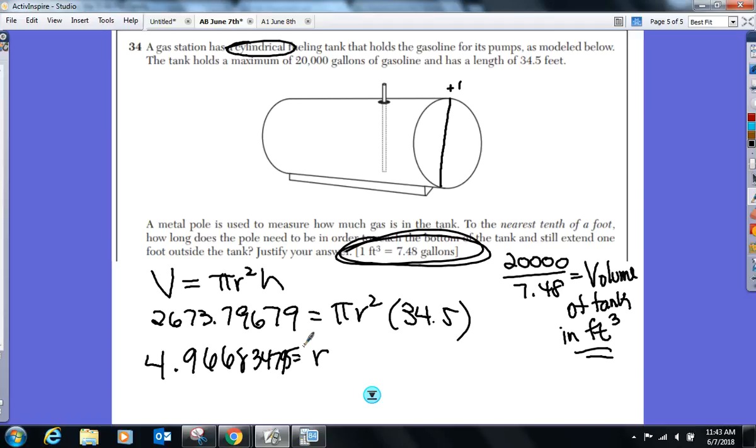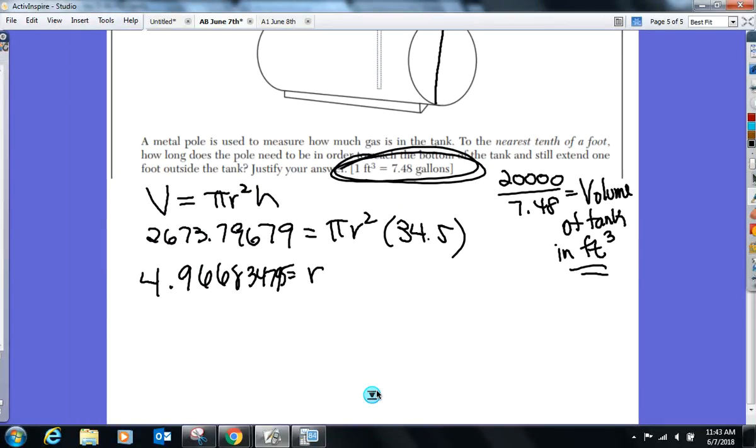Double it, add 1 to it, that's the pole length, and you guys keep grinding here to the nearest 1/10 of a foot. 10.9 feet.